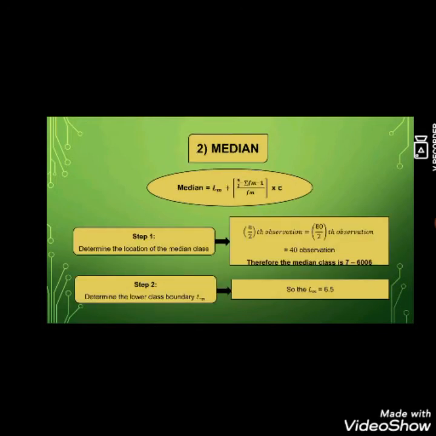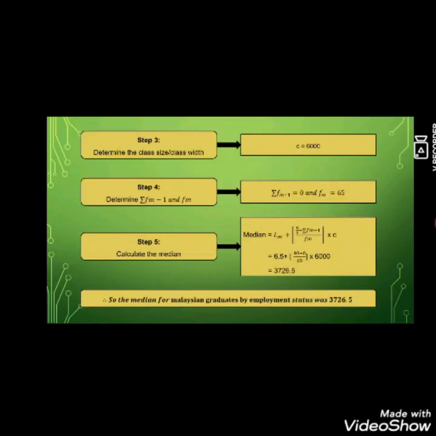Secondly is median. There are 5 steps to calculate the median using the formula given. First step is to determine the location of the median class, and we got the median class 7 to 606. Second step is to determine the lower class boundary, and we got 6.5. Third step is to determine the class size, and our class size is 6,000.